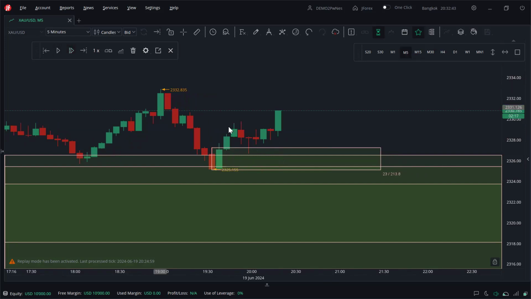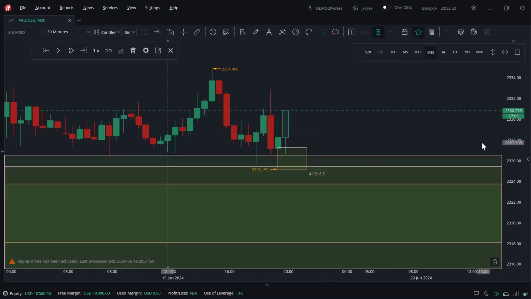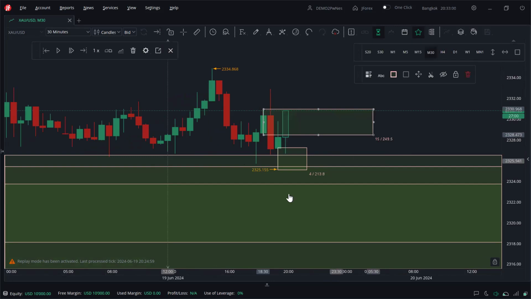Okay, but the moment we want to enter, we need to go to M30 and look for the roadblock. The roadblock in this is this one, see? So this is the roadblock. We have sold here, and now we are inside this roadblock.